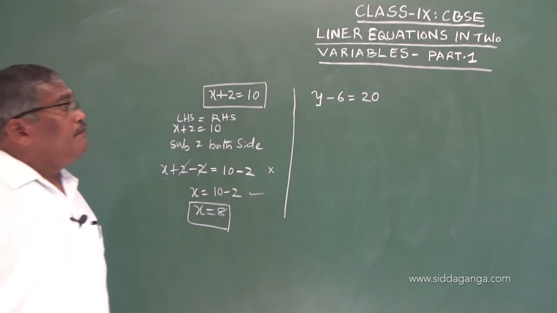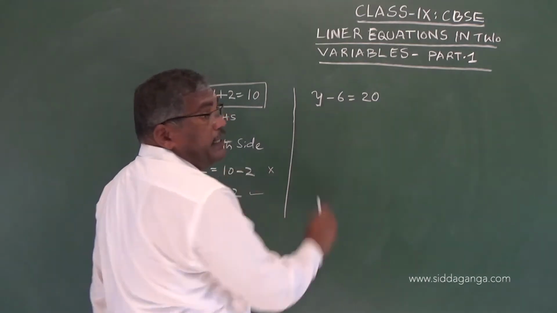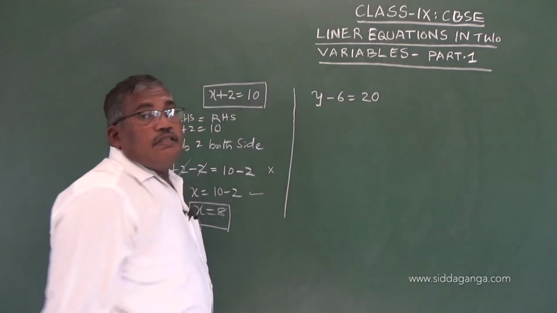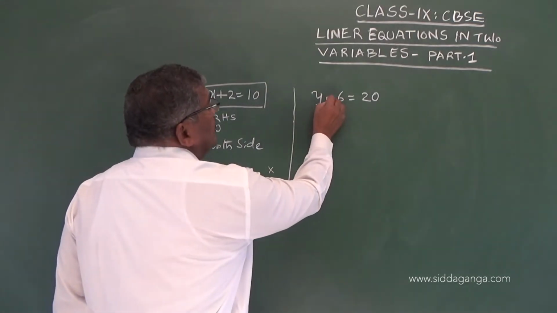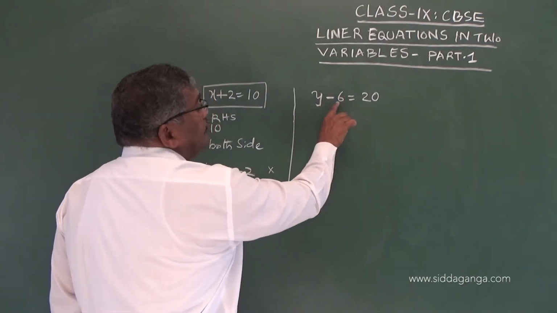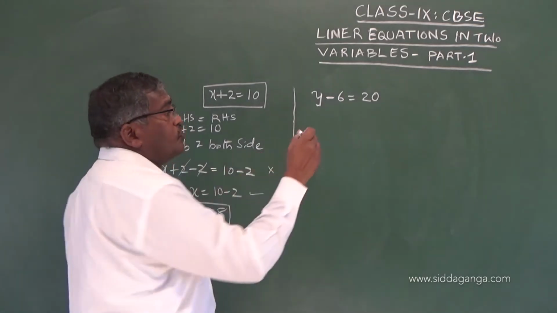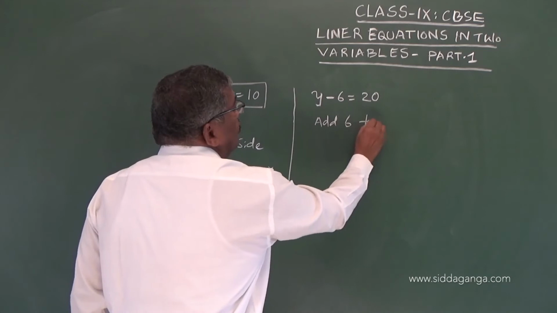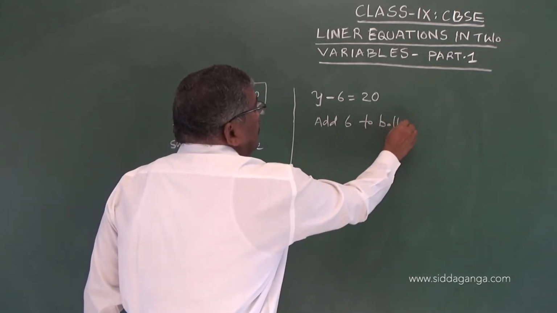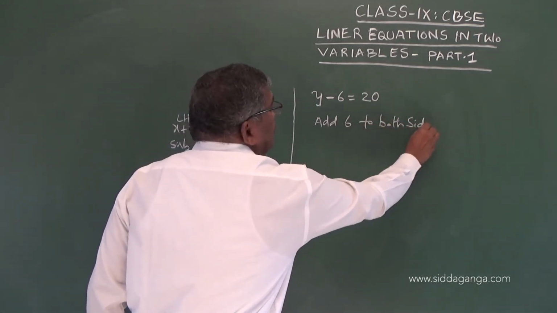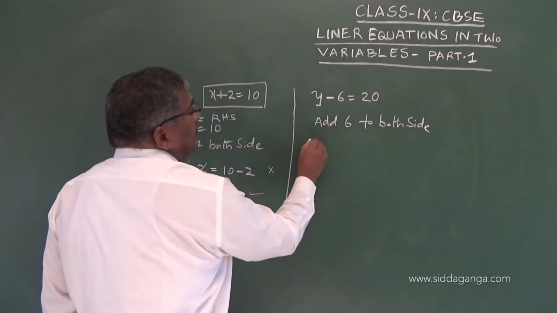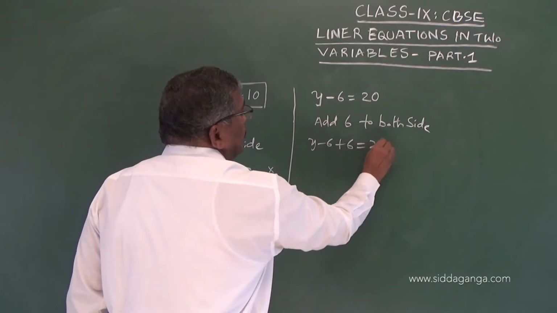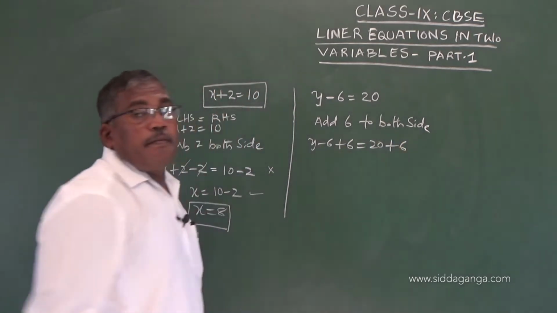In this case, if we want the value of y, either we transpose this 6 to that side, or, since here it is a minus value, we add 6 to both sides. So y minus 6 plus 6 equals 20 plus 6.